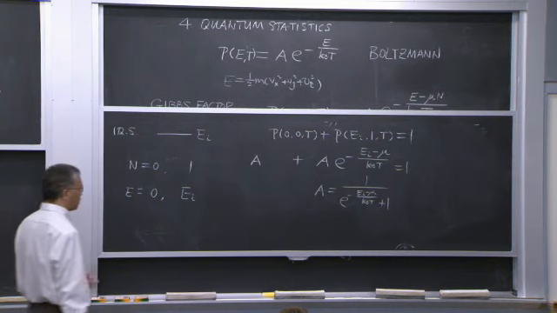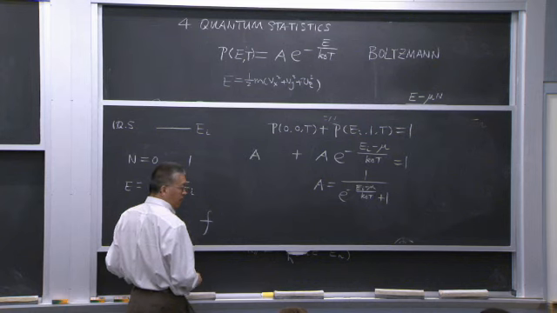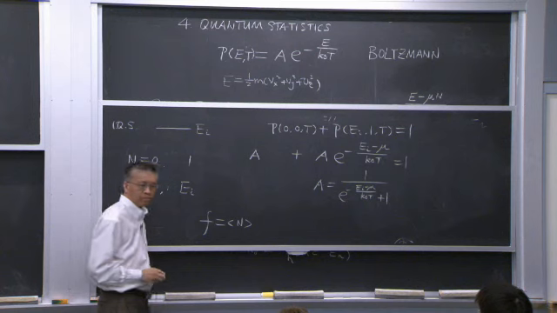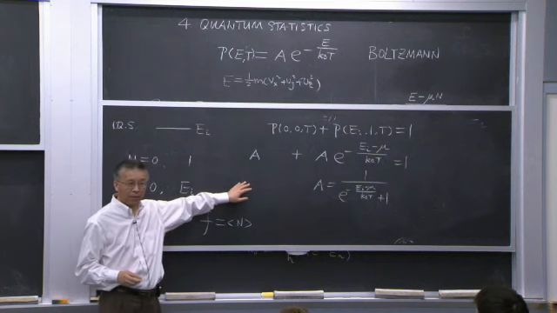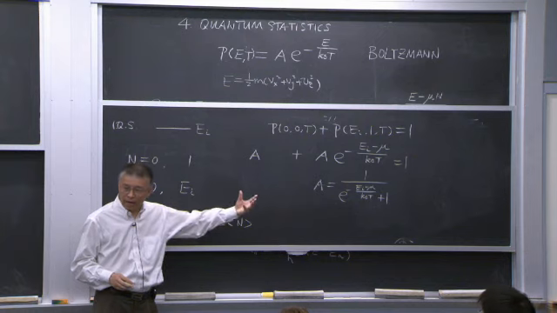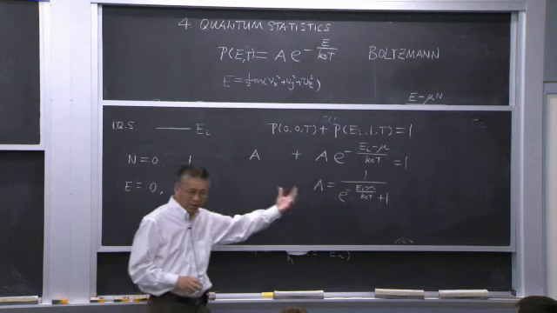Now my average number of particles, the average of N. Once I have the probability distribution, I can find the average of any quantity, average energy, average number of particles, whatever average you want.